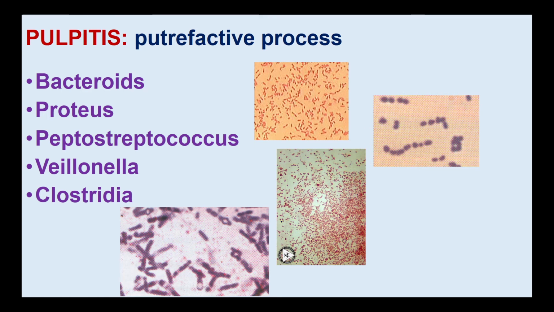If we talk about another type of pulpitis, putrefactive process. That's why to add to bacteria more anaerobic bacteria such as Bacteroides, Proteus, Streptococcus, Veillonella, and Clostridia.